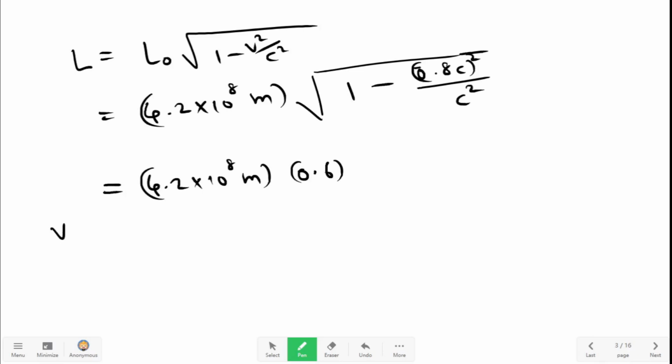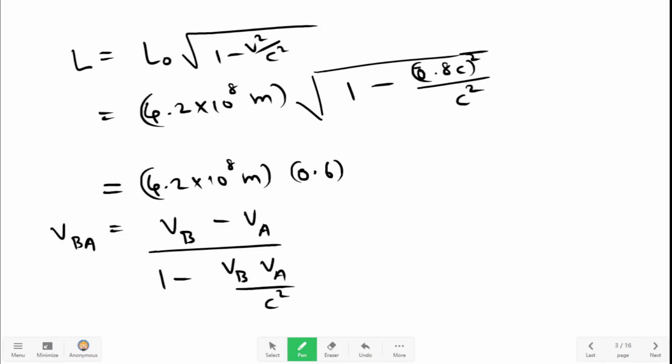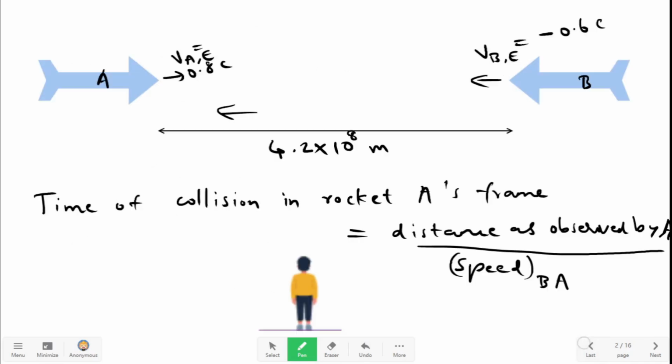Now the velocity of B with respect to A is equal to VB minus VA divided by 1 minus VB VA upon c square. Now you can measure VB and VA with respect to any frame, but whatever frame you measure the velocity of B, you should measure the velocity of A also in the same frame. So we are taking the velocity of B in the Earth's frame, which is minus 0.6 c.